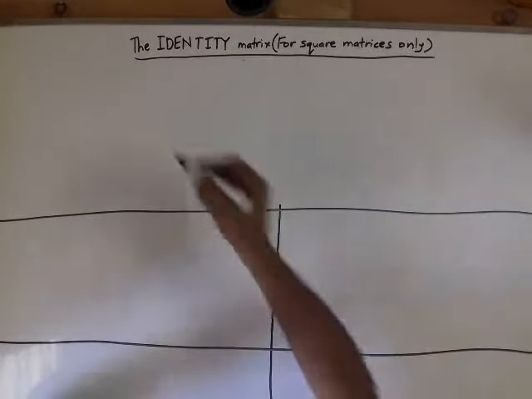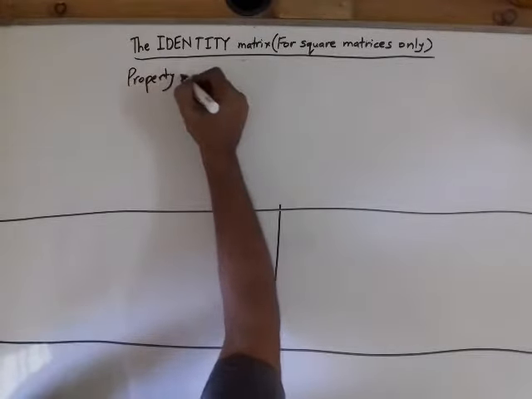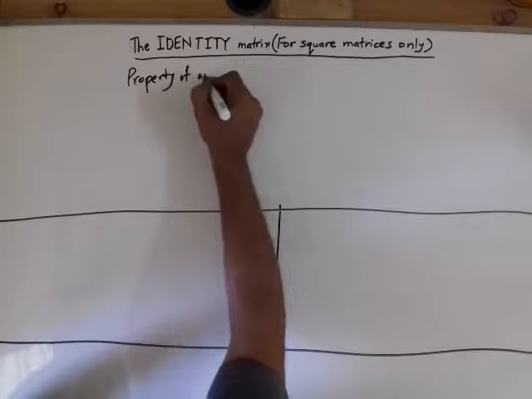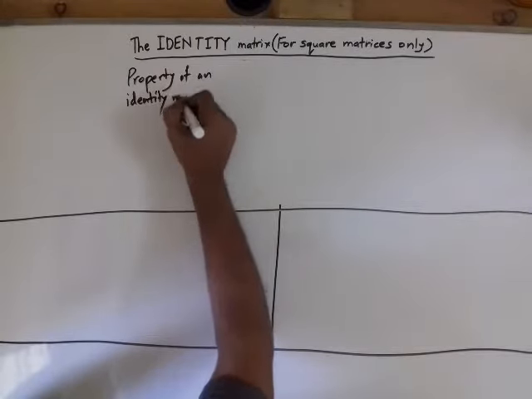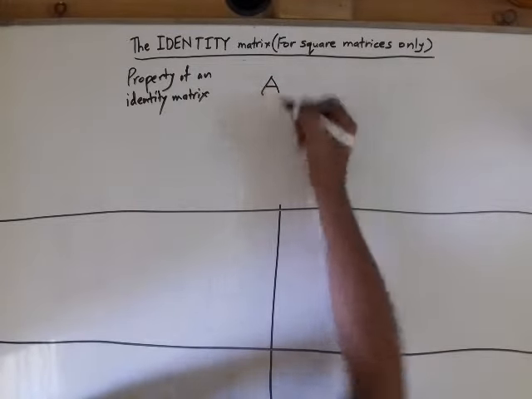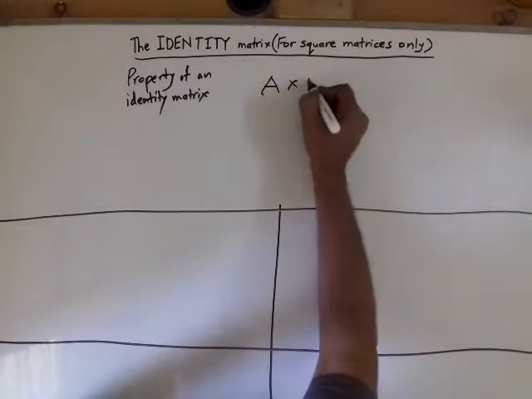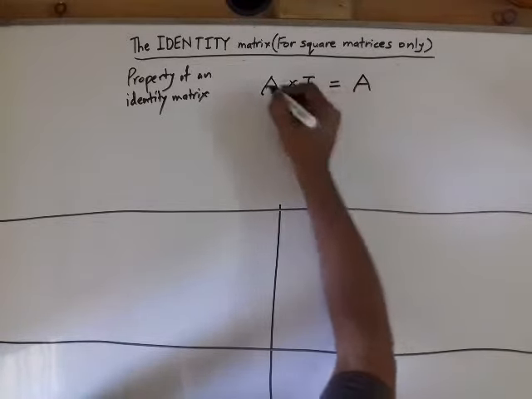The important property of an identity matrix is that you take any square matrix, let's say A, and you multiply it by I, you get the same matrix.